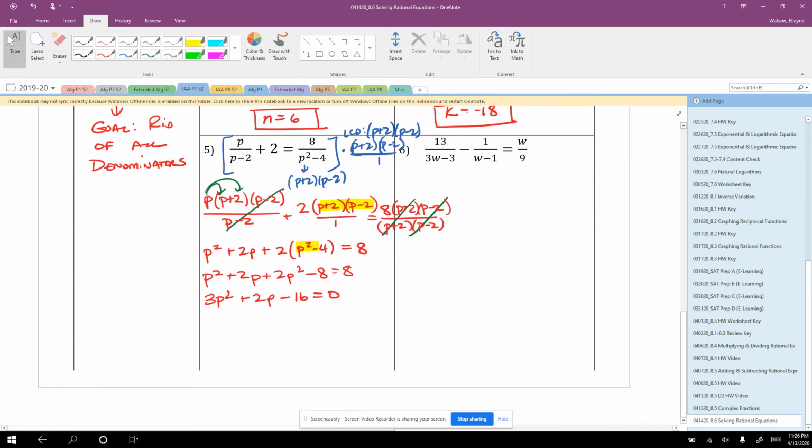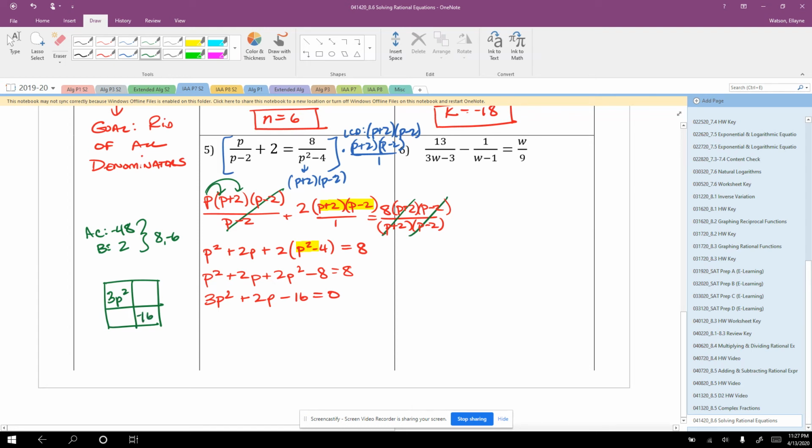Okay, I'm going to go ahead and factor this, and I'm going to do it over here to the side. So a times c is negative 48. B is 2. So two numbers multiply to negative 48 and add to 2. It's going to be positive 8, negative 6. Draw my box. First and last term stay the same.